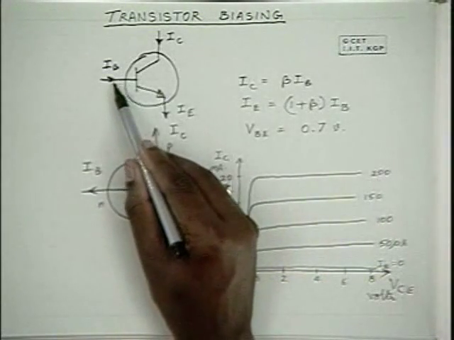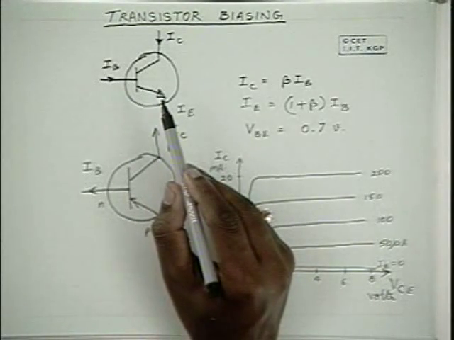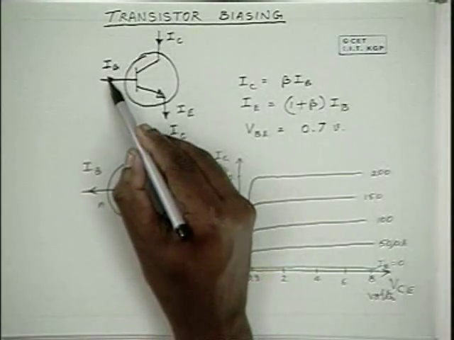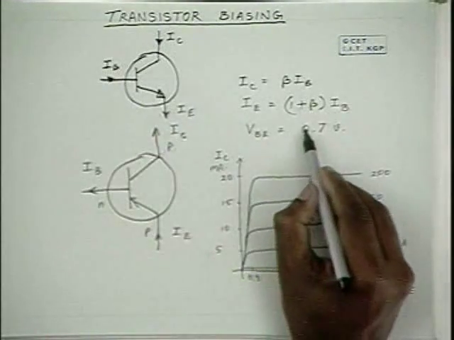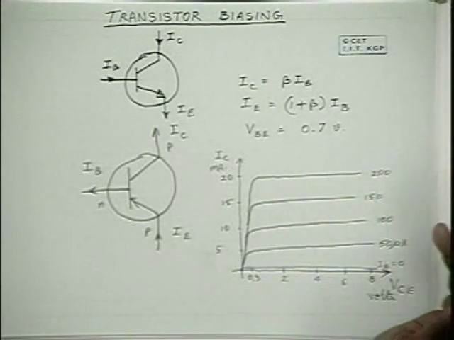And for normal operation, typical voltage and current values are a base current of the order of 100 microamperes and a collector current of the order of 5 to 10 milliamperes. The base to emitter potential is approximately 0.7 volts. It may be between 0.6 to 0.7 volts depending on the current.